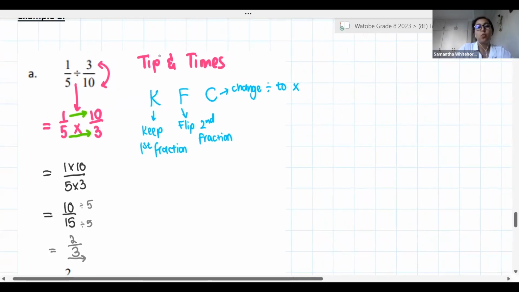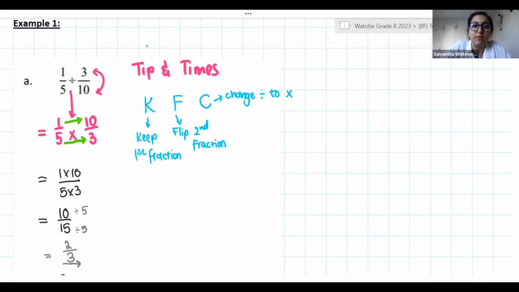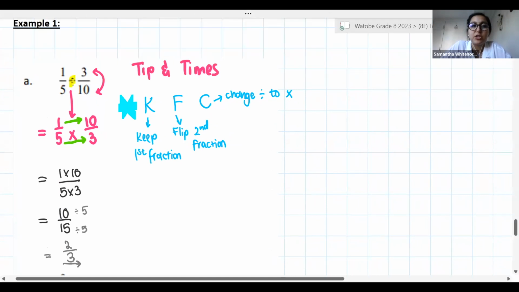So when dividing with fractions, we want to tip and times, or we want to apply KFC. It doesn't matter which one you choose to do. Those people who are saying they don't understand, I'm re-explaining, you need to listen. When dividing fractions, we tip and times. That means the division sign must change into a multiplication sign.